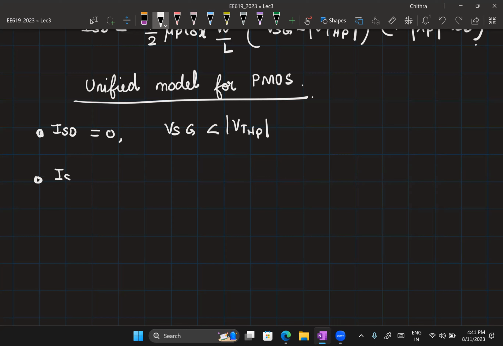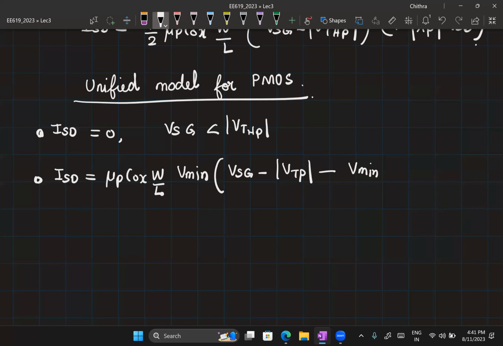Now the second part is ISD equal to mu_p C_ox W by L, you can call it K_p prime, into V_min (VSG minus mod VTP minus V_min by 2) into (1 plus mod lambda P into VSD).